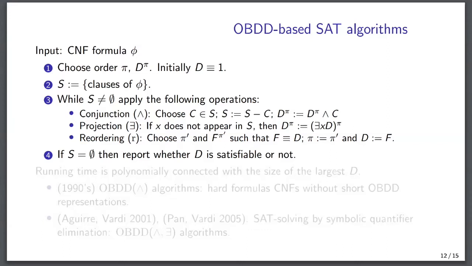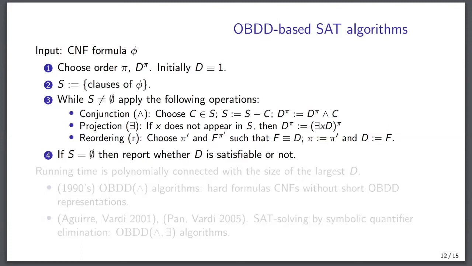This algorithm answers only the question of whether the formula is satisfiable or not, but it's also easy to restore a satisfying assignment if we save the values when we apply the projection. If we have a satisfying assignment after projection, it's very easy to find one before projection.